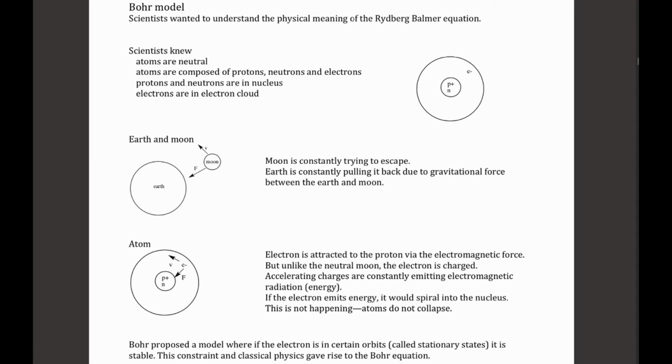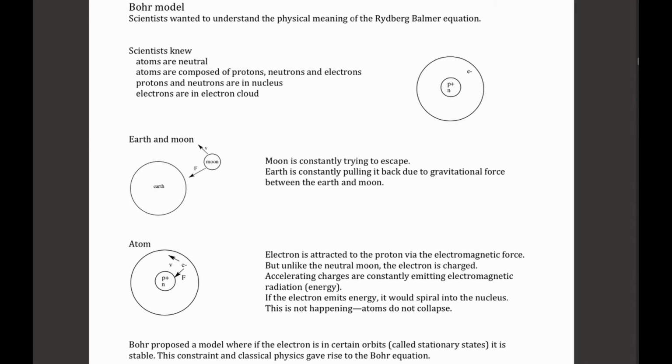The electron, on the other hand, is not going into the nucleus. The atom is not collapsing. We know that because we're composed of atoms, and our atoms are not collapsing. We're alive. But the electron being charged, physics arguments would tell us that since it's accelerating, it would be constantly losing energy in the form of electromagnetic radiation.